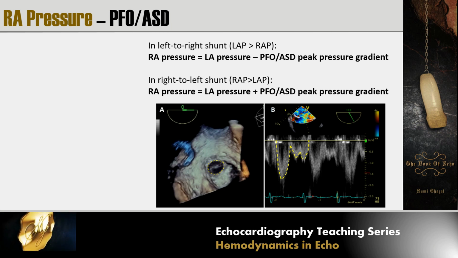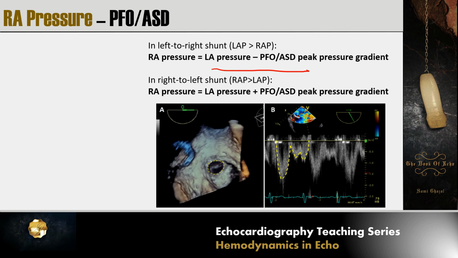If we know the LA pressure, we can measure the RA pressure. So in case of a left to right shunt, the LA pressure is higher than the RA pressure and the direction is from left to right, and we measure it by utilizing this equation.